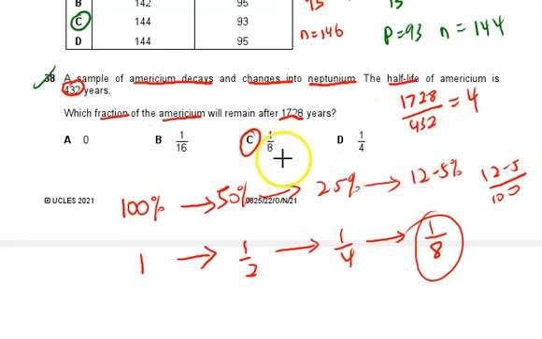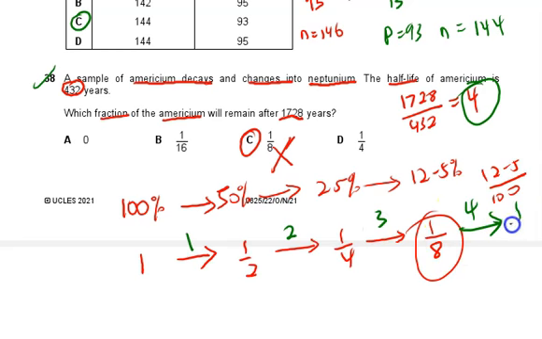And C is not your answer, so this is wrong. So you know why? Because when you calculate this, you need 4 times. So this is 1, 2, 3, and you need one more here, which is 4, 1/16.